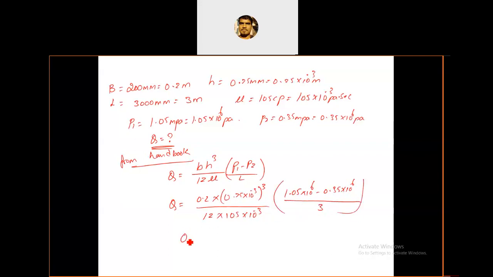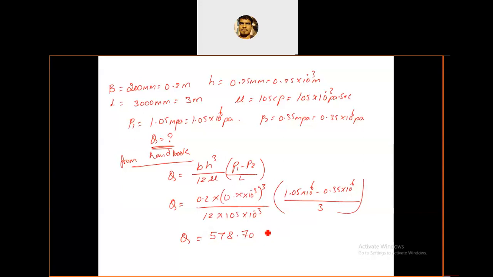We simplify with the help of a calculator, and finally we get Q is equal to 578.70 meter cube per second.